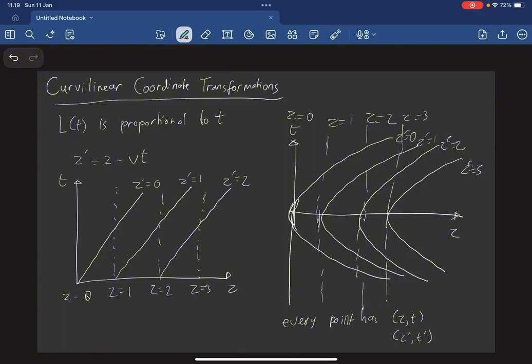We should view this figure as just two sets of coordinates to locate each point in space-time. One set of coordinates has straight axes, while the second, represented in the first frame, is curvilinear. Its lines of Z prime equal constant are actually curved, while its lines of T prime equal constant are horizontal straight lines. So this is a curvilinear coordinate transformation.